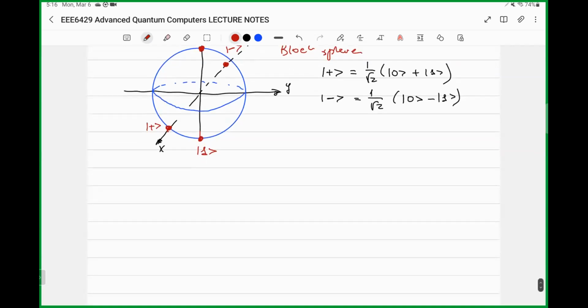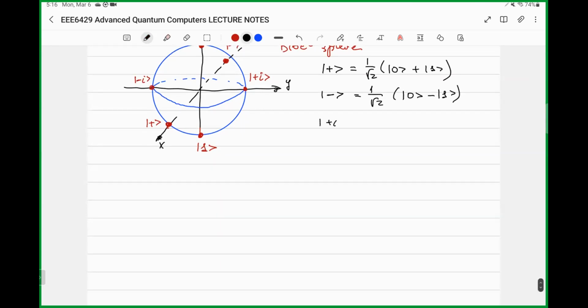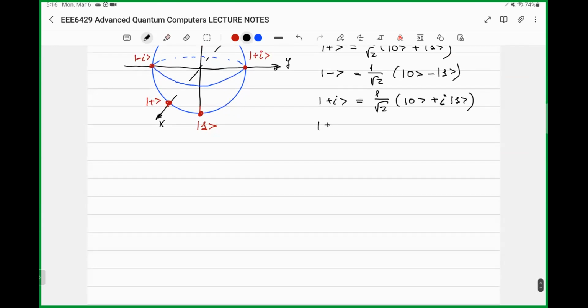And finally, the other two states, plus i, this point, and minus i, this point. Again, I remind you that the plus i state is nothing but 1 over square root of 2, 0 plus i, where i is the imaginary unit. And the state minus i is the same but with the sign changed, up to the sign in the parentheses.